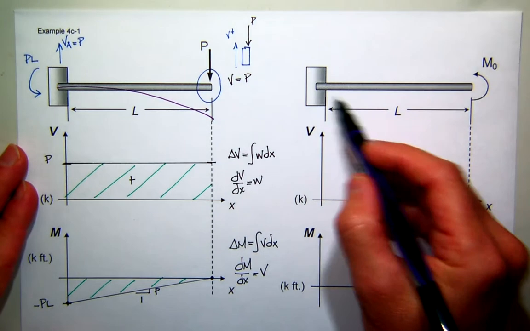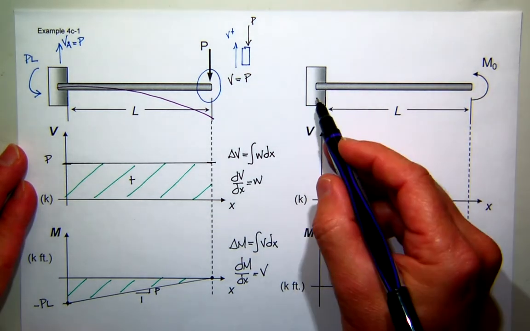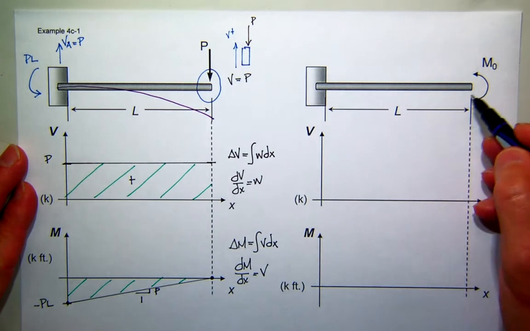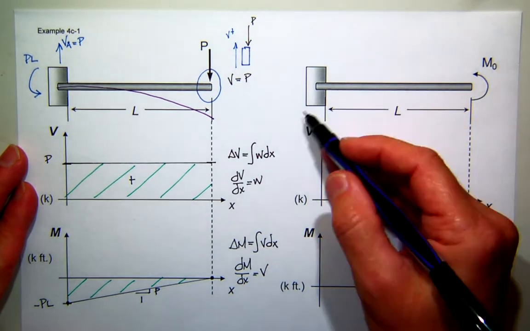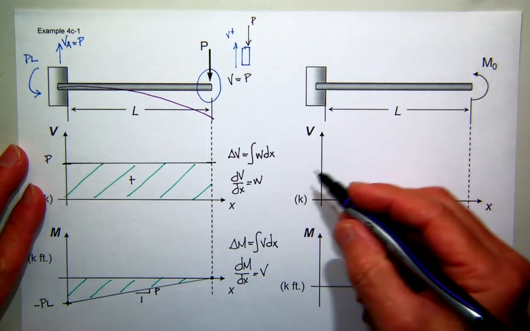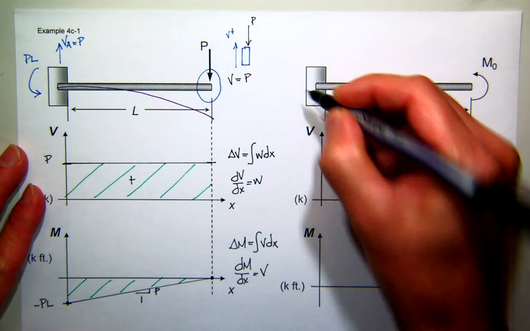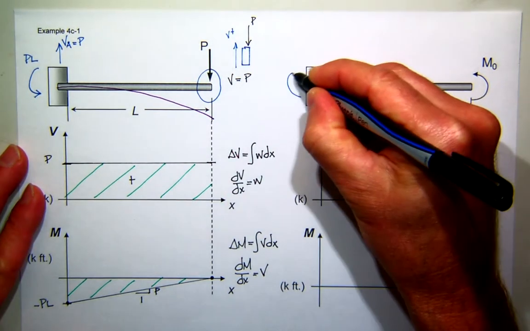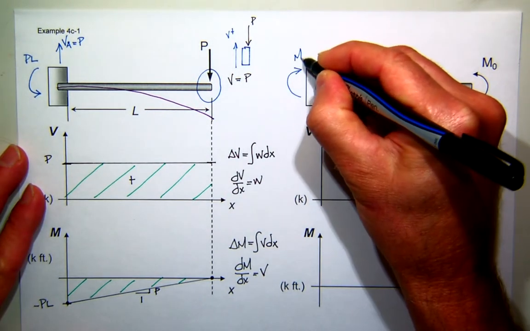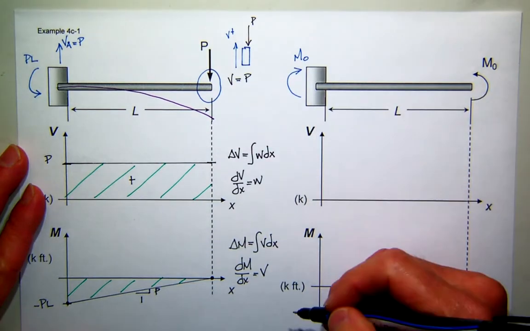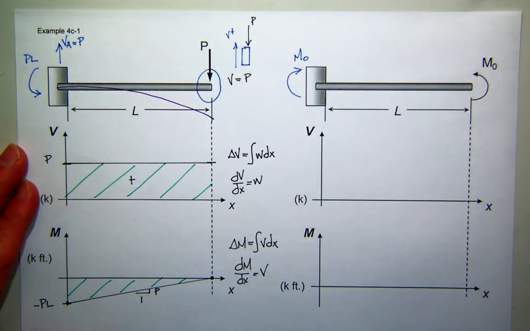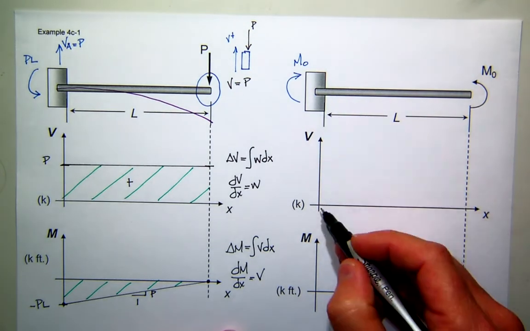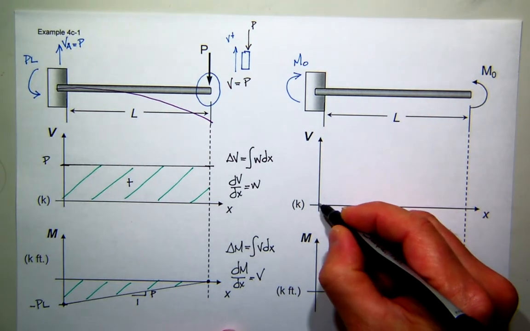You're going to find out when you do the reactions here that there is no shear. If you sum forces in the y direction, there's no applied force, so there's no shear. But you are going to find that the moment does have a reaction, equal and opposite. So let's start. What is the shear at the left edge? It's 0.